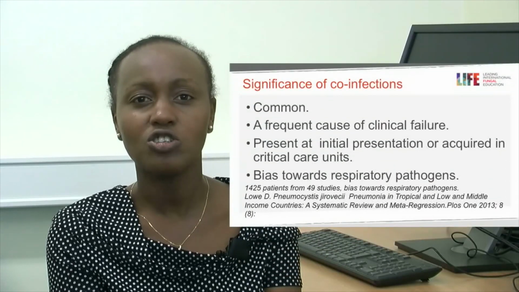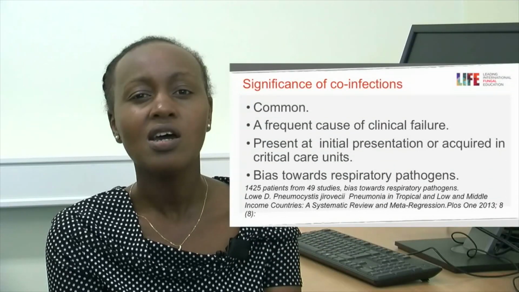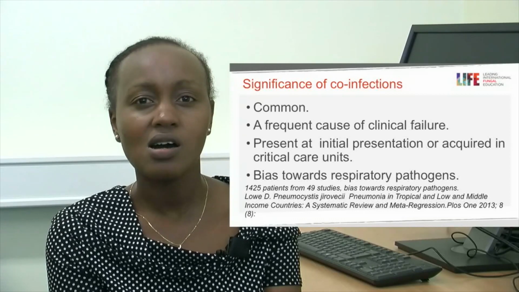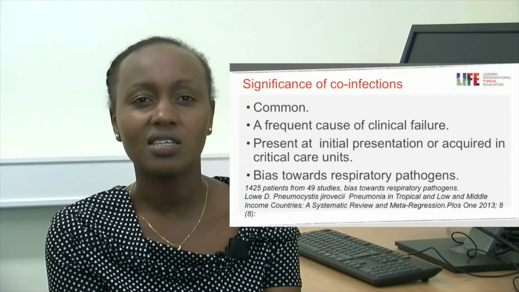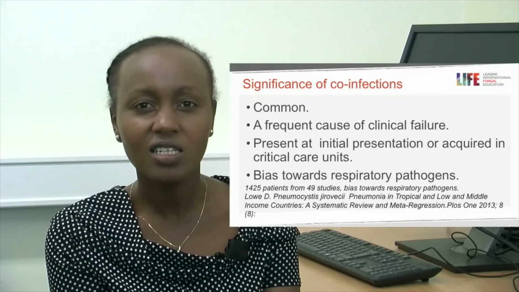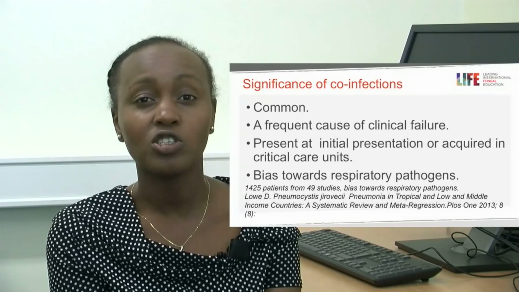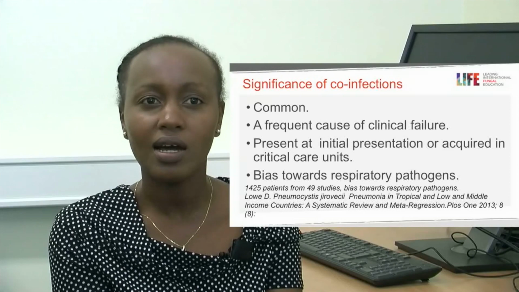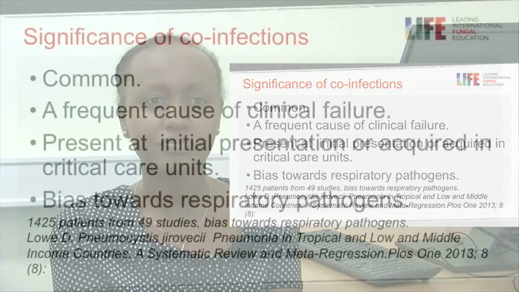Co-infections are a frequent cause of clinical failure, so when you have a patient who is not improving, at the back of your mind you need to be asking: is this a Pneumocystis infection with something else, or is this a Pneumocystis infection that's not responding to the antimicrobial that you're giving?